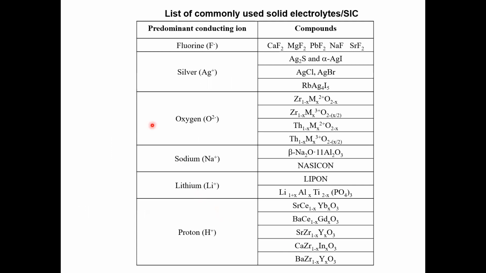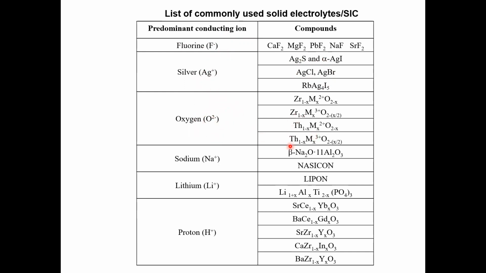So here's a list of the various types of superionic conductors or solid electrolytes. There are fluorine-based materials, which are anion conductors, where negative fluorine is the transporting ionic species. There are silver-based materials, where silver is the transporting species.